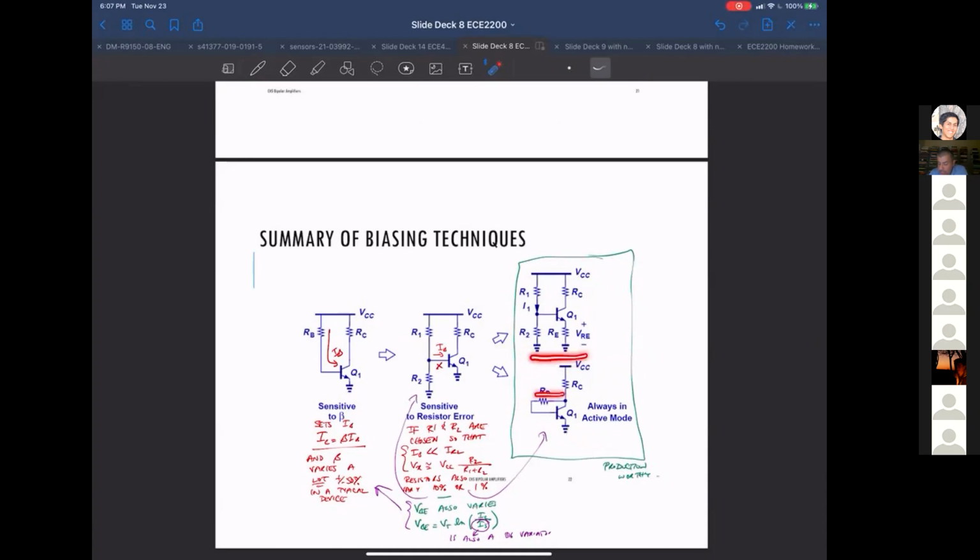The biasing itself is simple, and you're not as dependent on beta variations or VBE variations. But the problem with this one for me is that you still have this common emitter amplifier stage, and the gain of that by itself varies. So to me, this is a better overall circuit than the common emitter as an amp.